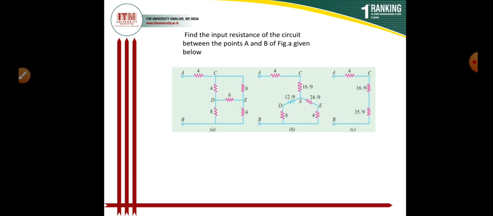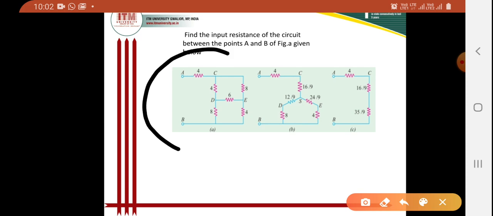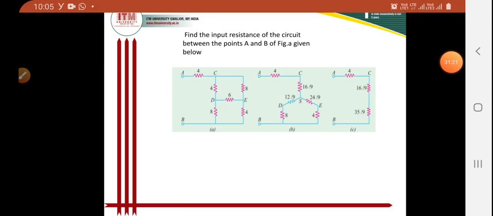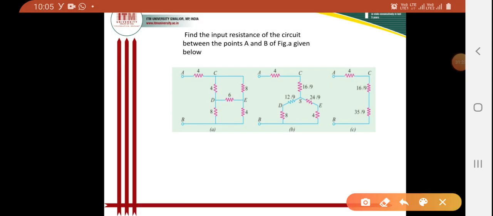So this is a numerical. Here we have to find the input resistance of the circuit between the points A and B as per figure A. Now coming to the solution.